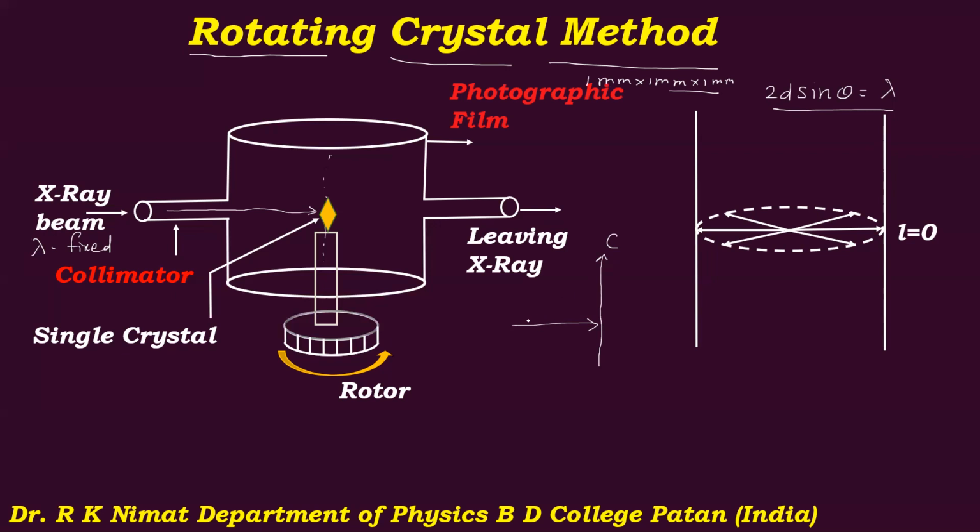Then when the beam of X-rays is incident, the Miller index corresponding to this plane will be 0, because it will have an infinite intercept, as such a plane is parallel to the c-axis. Therefore, when it is kept continuously rotating, the incident beam of X-rays will be reflected and will form a diffraction pattern somewhat like this.